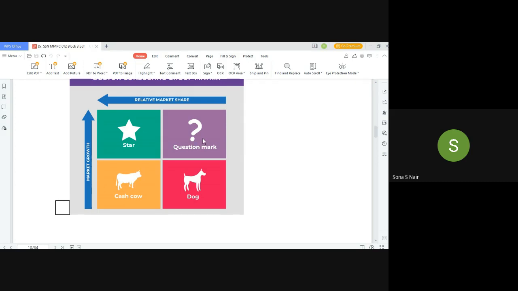Question marks do not earn profit. Stars do not earn profit because they need a lot of investment. Cash cows make a lot of profit because they do not need that much investment, because they have a high market share and they're in a market which is not growing, so no competition is going to come in, and maybe the existing competition would go away. So cash cows generate cash, right?